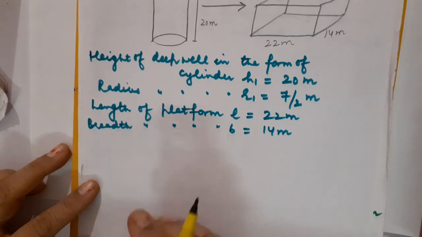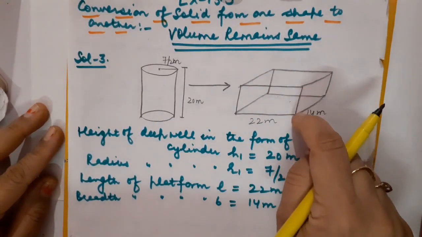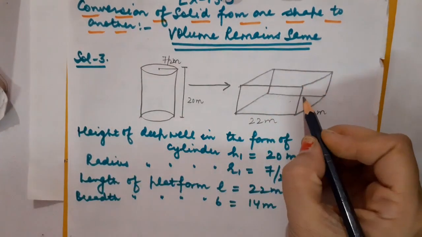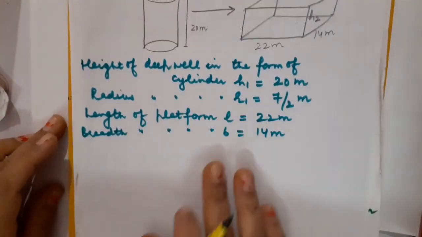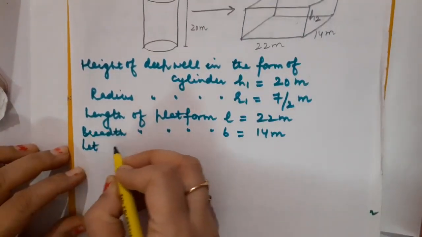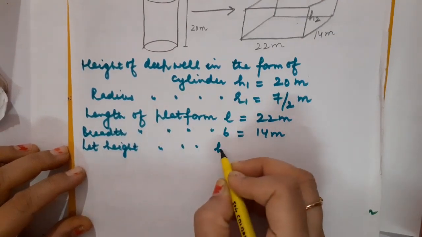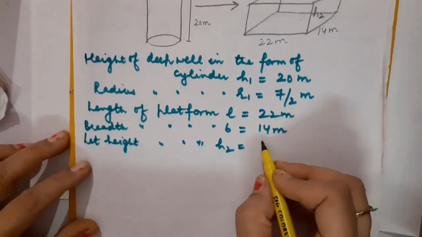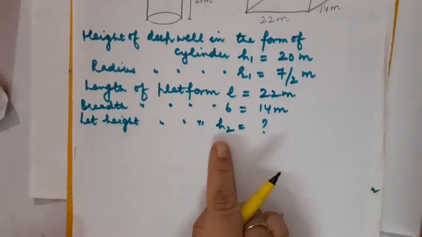What is asked in the question is that we are supposed to calculate the height of the platform. Okay, so let us consider it as h2. Let the height of the platform be h2, which we are supposed to calculate.